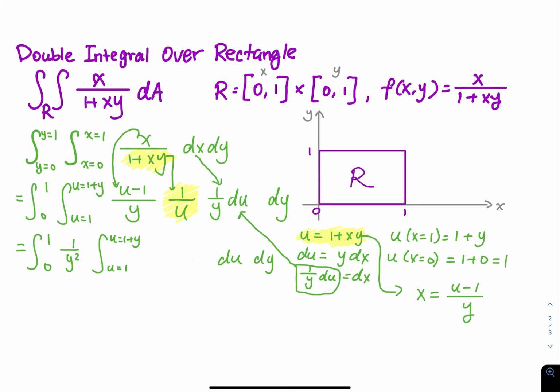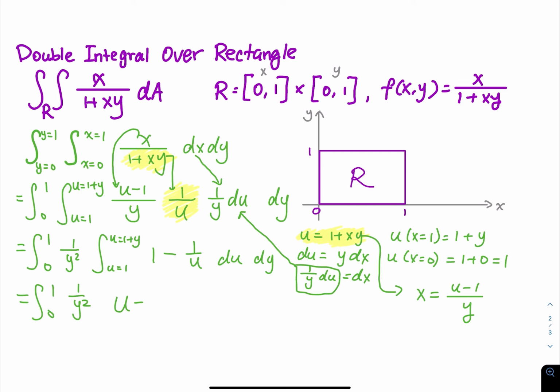That is right, because I don't want to make any mistakes here. So that is 1 minus 1 over u du, from 0 to 1 of 1 over y squared. The integral of 1 is u, and then minus ln absolute value of u.